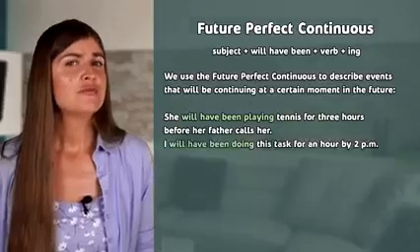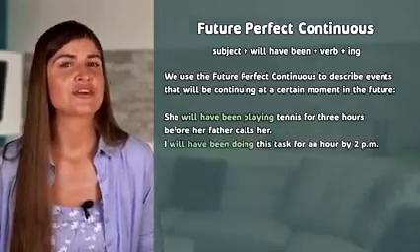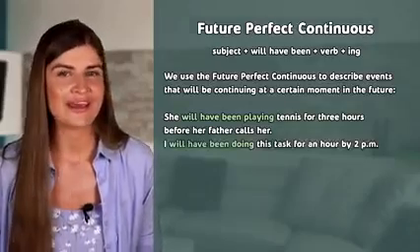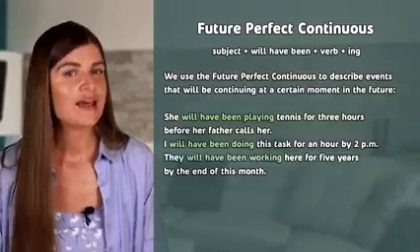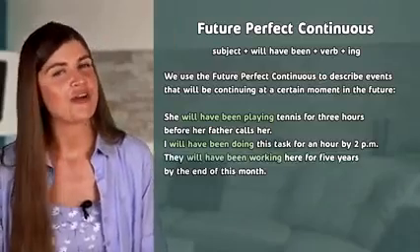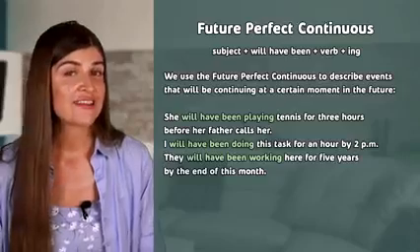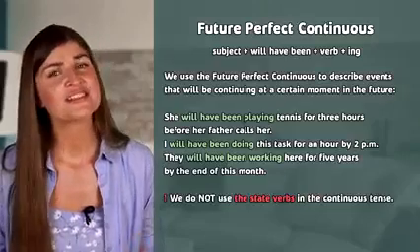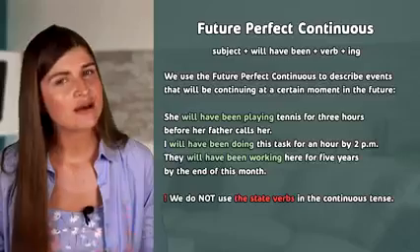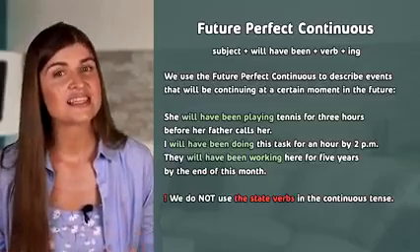Or I will have been doing this task for an hour by 2 p.m. They will have been working here for 5 years by the end of this month. And it's important to remember that we do not use the state verbs in the continuous tense.